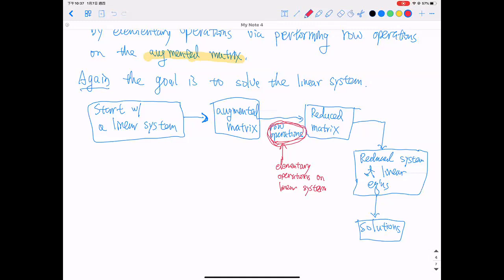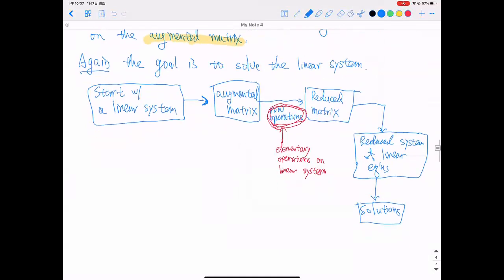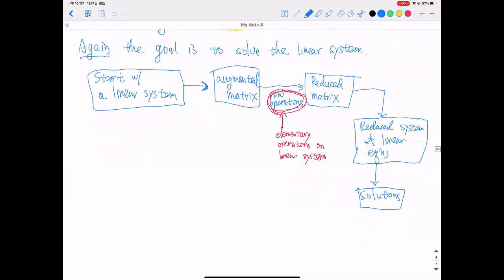You have to choose these row operations so that you produce a reduced system from which you can read the solutions. The way we choose this operation is to keep in mind that the goal is to eliminate variables.